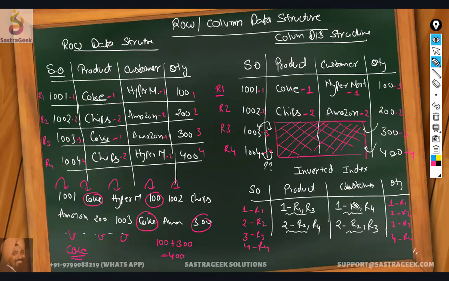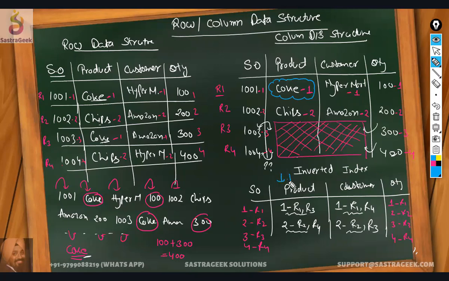So now what I'm going to do is put the same question to this database. What is the open order quantity for Coke? Let's see what answer we get. The system first checks what the number for Coke is. Coke has the number 1. It doesn't take the row approach, it goes directly to the product column.